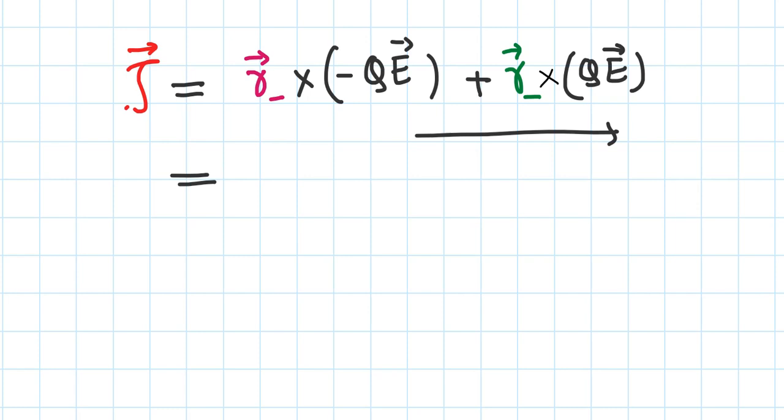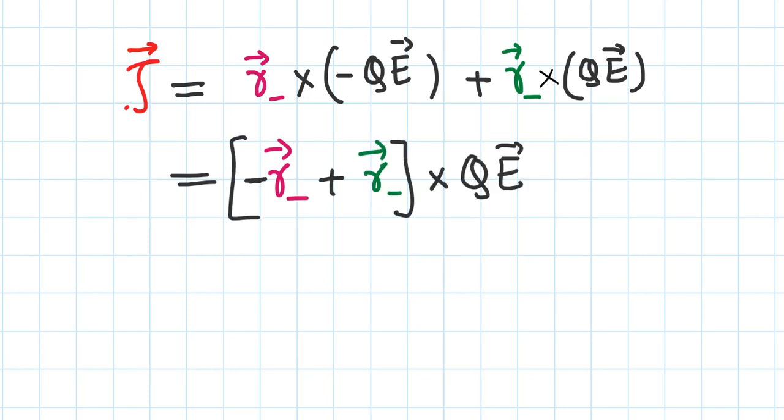Since these two terms QE are common in each case, and also they are on the right side of the product, they should be pulled out to the right side. This is something that you must always follow in the case of a cross product, which will result in the following expression. So you have your minus, and you have your vector QE outside.